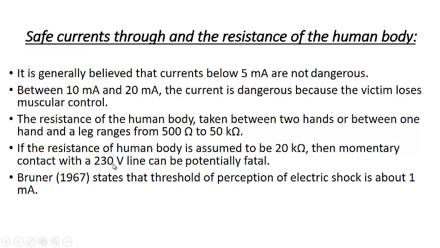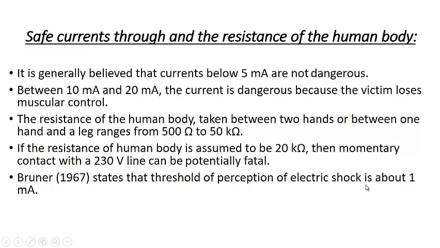So you will see that the current flowing through the human body will be 230 divided by 20 kilo ohm. It will be of the order of 11.5 milliamperes, which may be in this range, and it may be potentially fatal to the human body. Brunner in 1967 stated that the threshold of perception of electrical shock is about 1 milliampere.